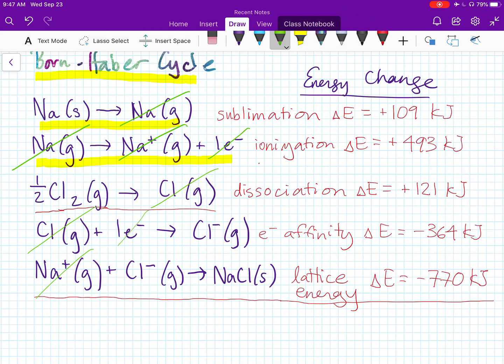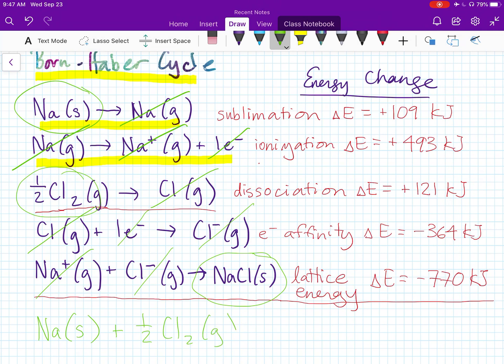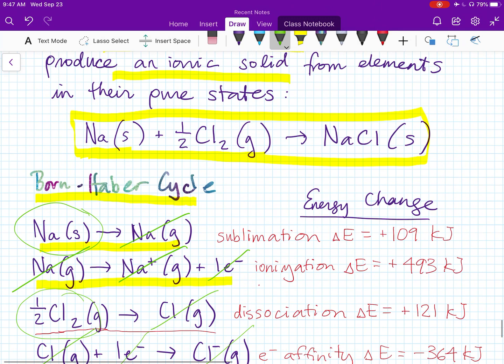The single electron can be canceled out. And the gaseous chloride ion can be canceled out. After I do all that cancellation, the only things that are left are sodium solid plus 1/2 of chlorine gas, giving me sodium chloride. You'll notice that that reaction matches the reaction from before, producing sodium chloride from its component elements in their pure states.